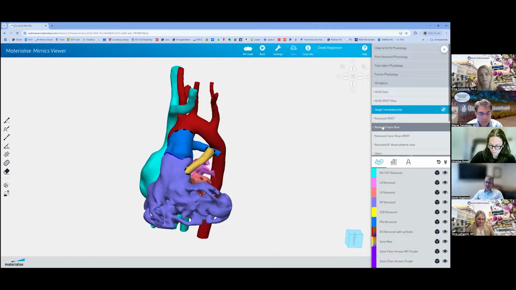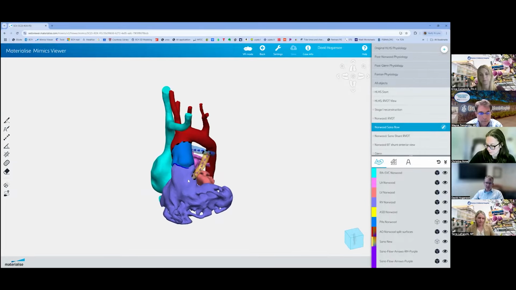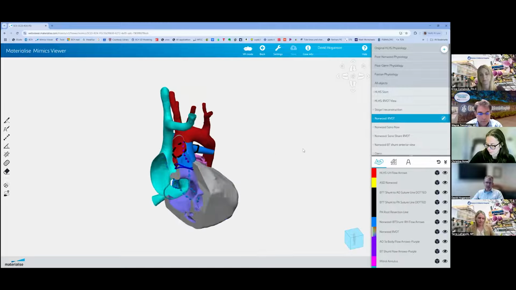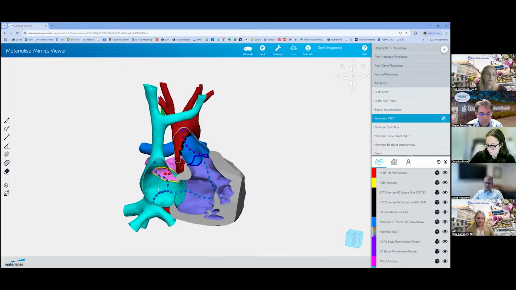And if we look inside here, we can see the blood flows from the right ventricle to the pulmonary arteries to give blood to the lungs. If we look inside, then the blood goes through the right ventricle from the atria, both the left and the right atria, and gets pumped out from the right ventricle to the body. So that's the way the blood flows after the Norwood operation.